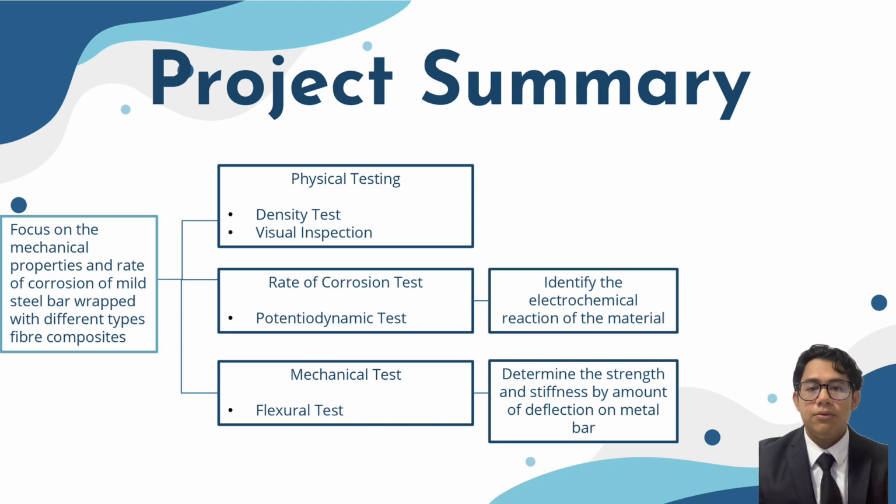The second will be rate of corrosion, involving the potentiodynamic test, and the last will be the mechanical test of flexural test. The rate of corrosion test is used to determine the electrochemical reaction of the material, and the mechanical test is used to determine the strength and stiffness of the metal bar by measuring the deflection of the metal.